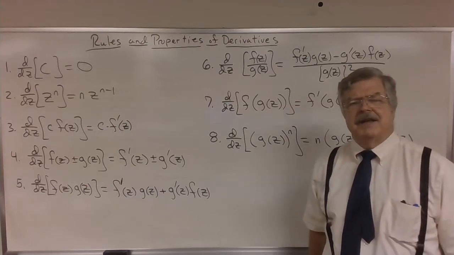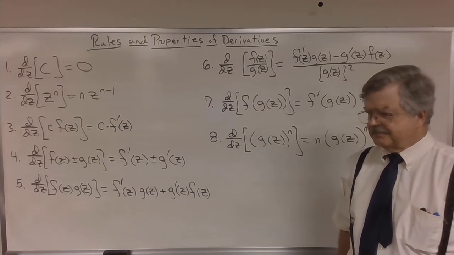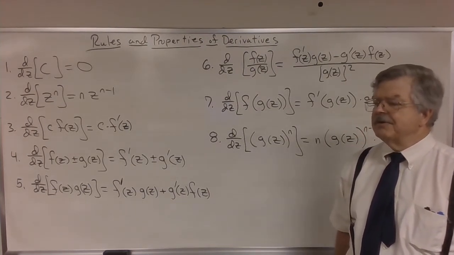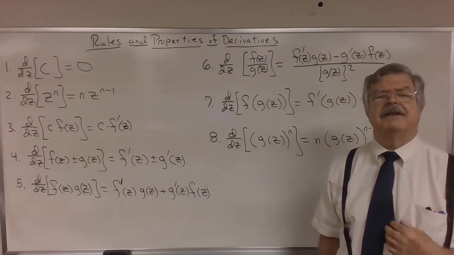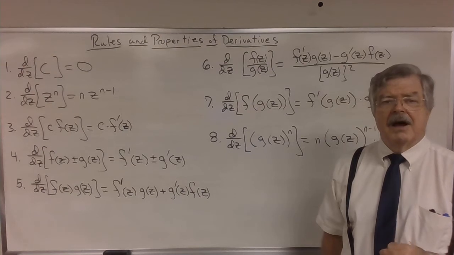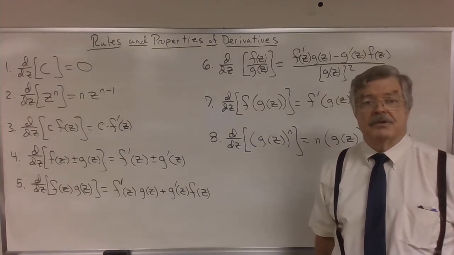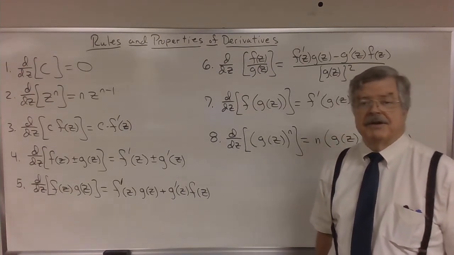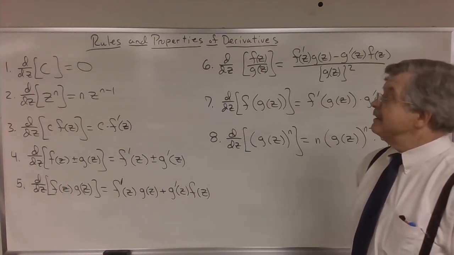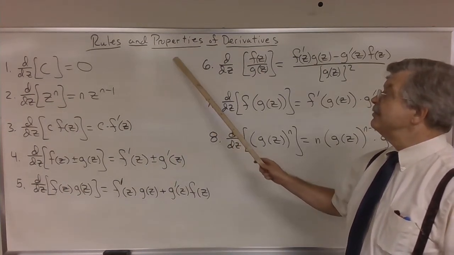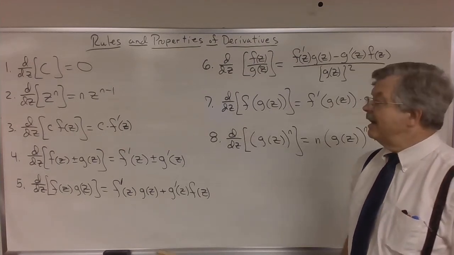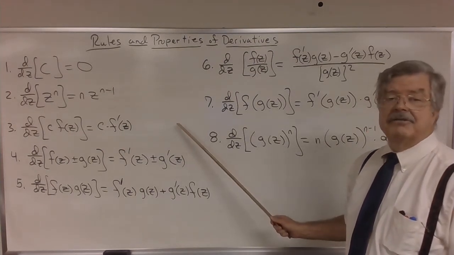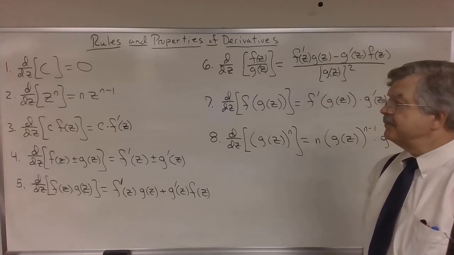When we studied calculus, just in order to keep us from having to compute the derivative by definition, we made a list of rules and properties for derivatives. And the same rules and properties of derivatives that we had in calculus have analogs in complex analysis.